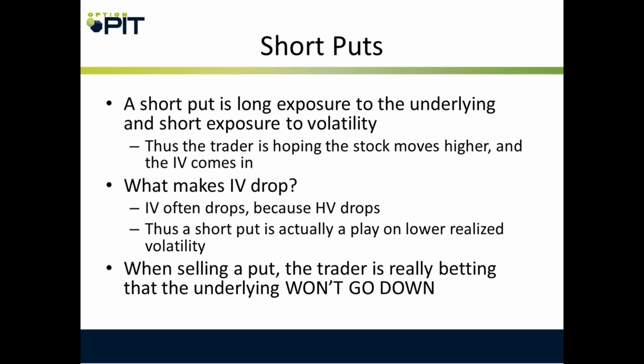So what makes implied volatility drop? It drops because movement drops. So when you are selling puts, what you're really making a bet is that there's going to be less movement, lower realized vol. And so what I want one to think about in selling puts is that you're really making a bet that the underlying won't go down, not that it's going to go up.